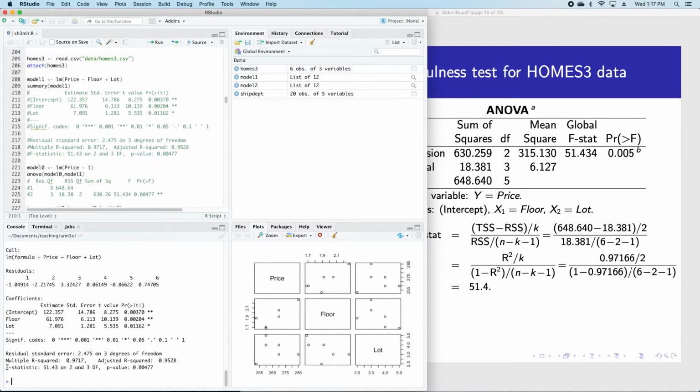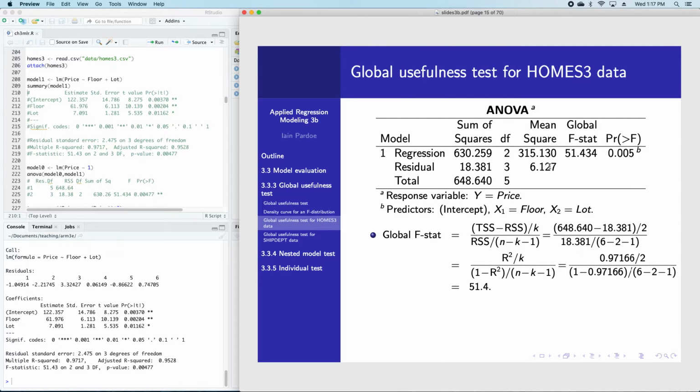You can see here down at the bottom, F statistic 51.43 on 2 and 3 degrees of freedom, and a p-value of 0.00477. That corresponds to these results up here, just slightly different rounding. There's the overall F statistic, or global F statistic, and there's the p-value right there, 0.005.